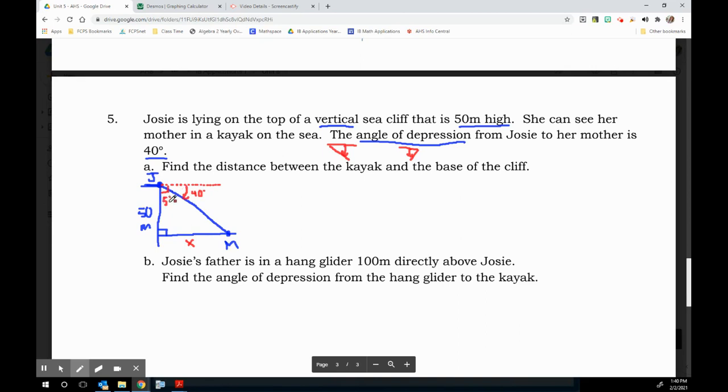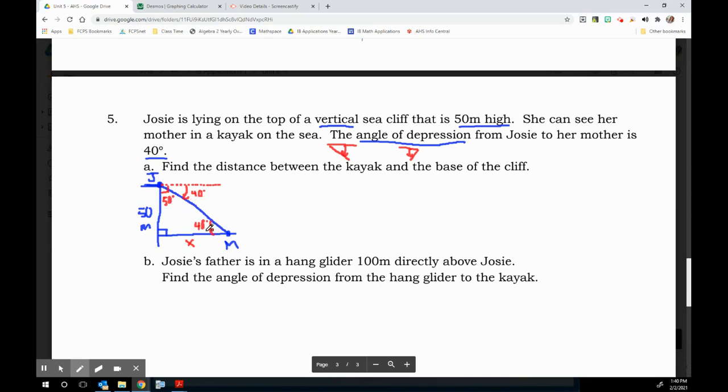So I can use that fact to say that this angle is 50 degrees. I can also say, again geometry, this horizontal line that I drew in and the sea, which we're assuming is horizontal, are parallel and we have this line going through them, so the angle of 40 degrees and this angle down at mom are alternate interior angles, which means that they're the same.